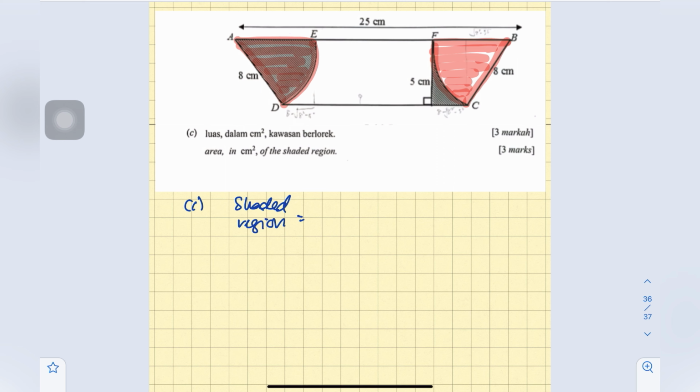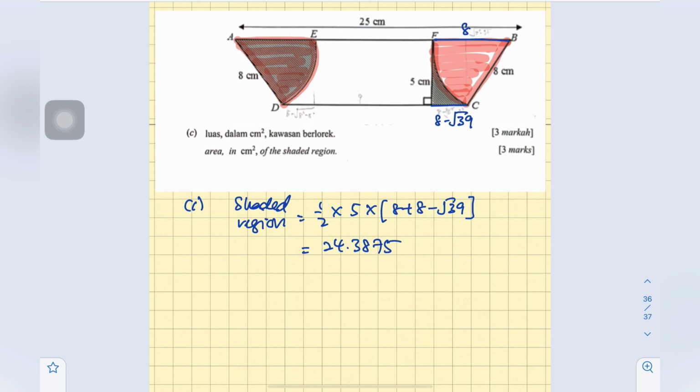The area of the trapezium is 1/2 times the base, the base is 5, times the addition of two parallel lines. This one is 8 and this one is 8 minus the square root of 39. So the addition of the two parallel lines is 8 plus 8 minus the square root of 39. So the answer is 24.9, approximately 0.3875.